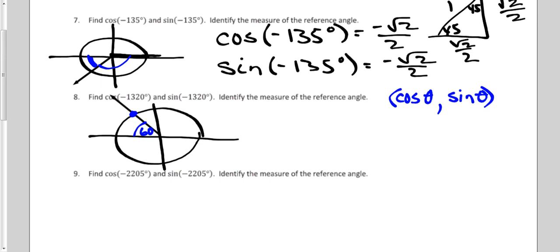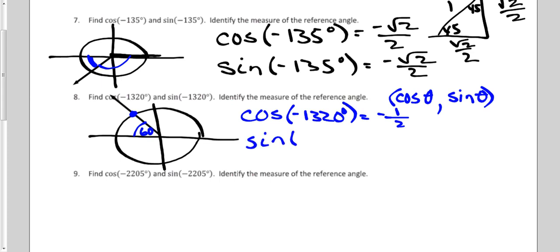And what is the cosine of 60 degrees? Negative 1/2, right. So cosine of negative 1320 equals negative 1/2.